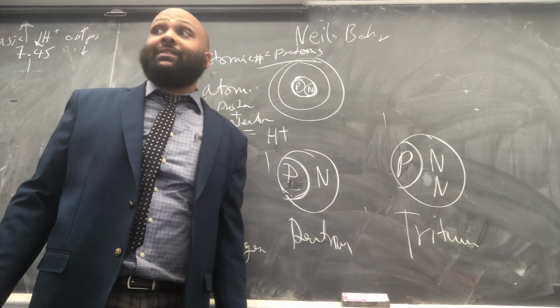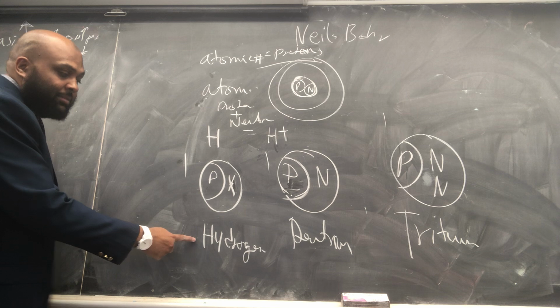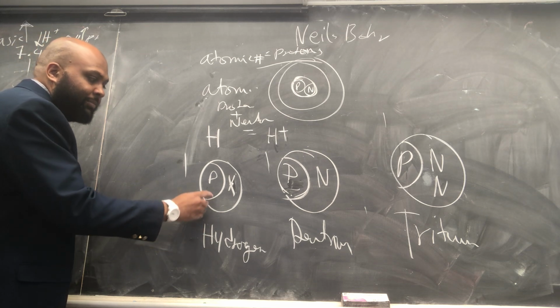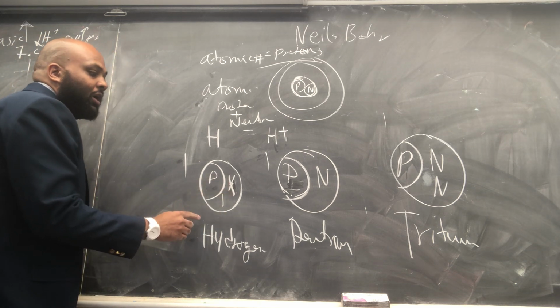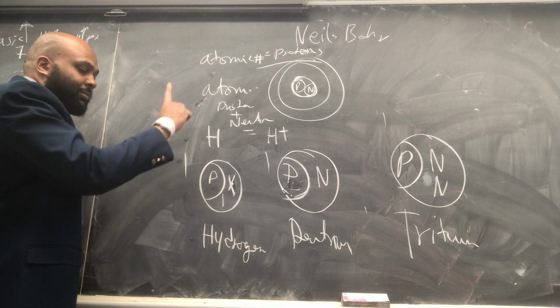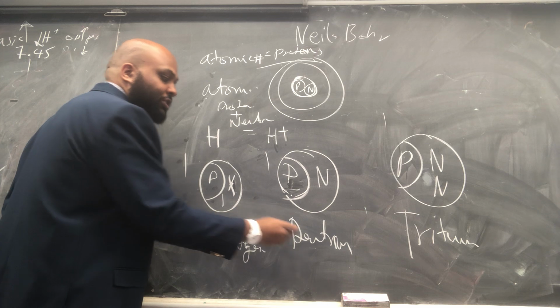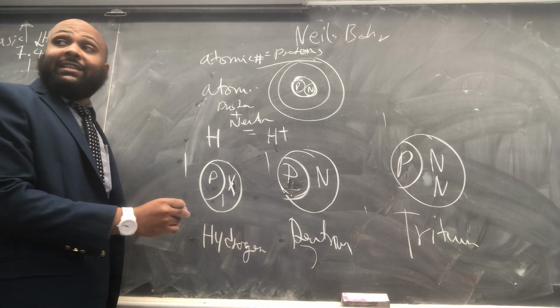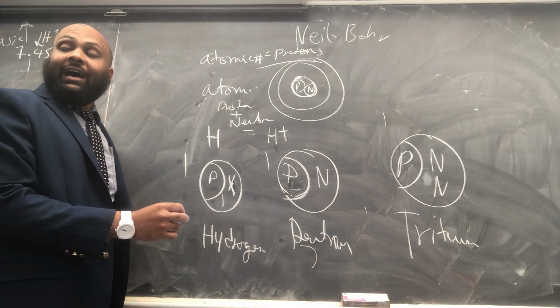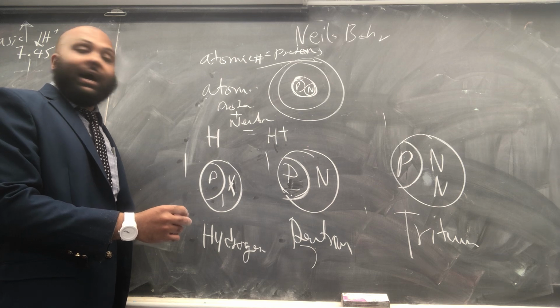Now look at the mass number. What is the mass number for hydrogen? 1, because 1 plus 0 is 1. So now hydrogen has the same atomic number as the mass number. Deuterium has an atomic number of 1.